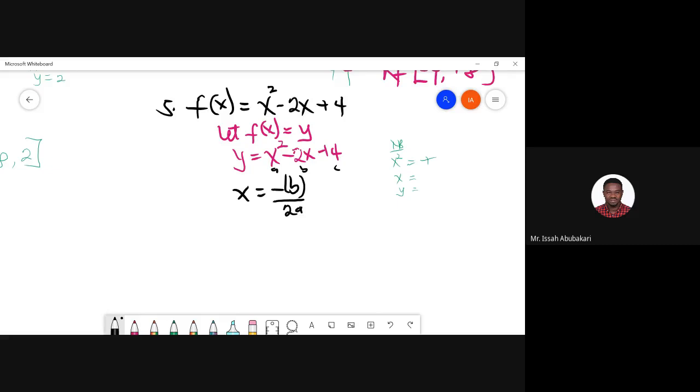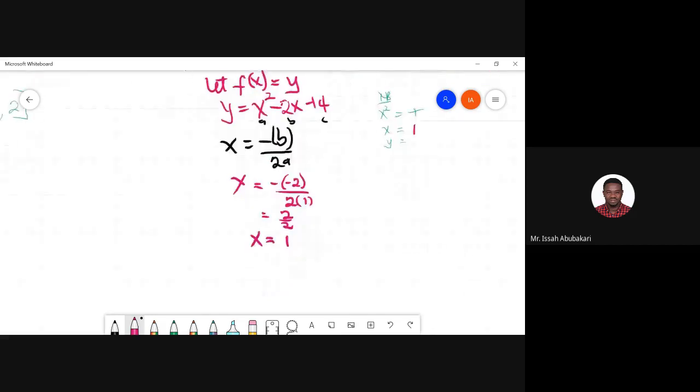C. Let's not forget about that. So we are going to have our solution as x is equal to minus of minus 2 divided by 2 times 1. A is 1. So at the end, we have positive 2 divided by 2, and our x is what? 1. So x is equal to 1.